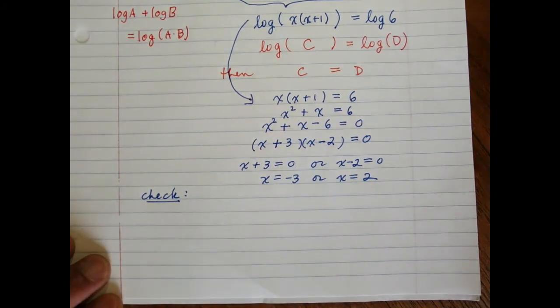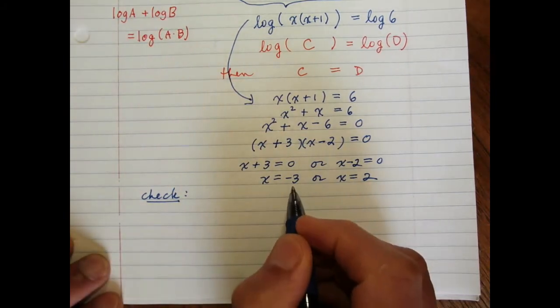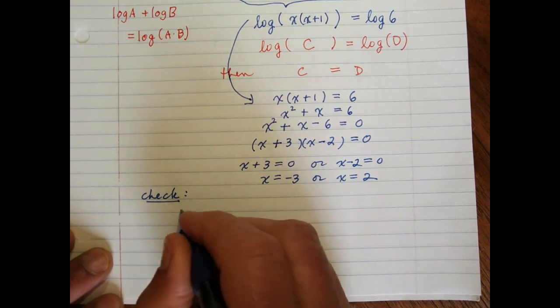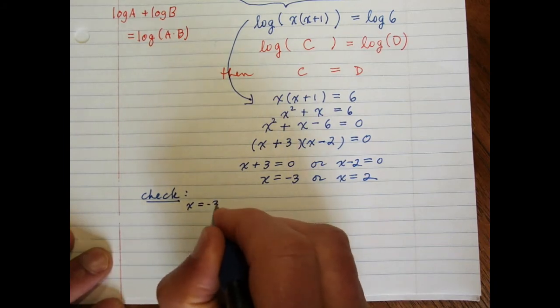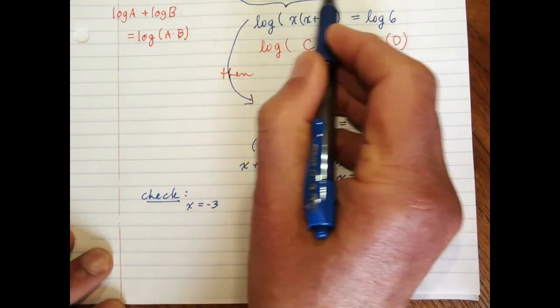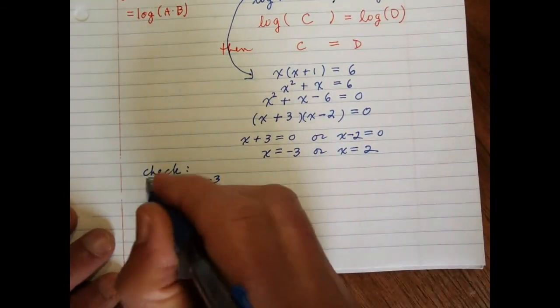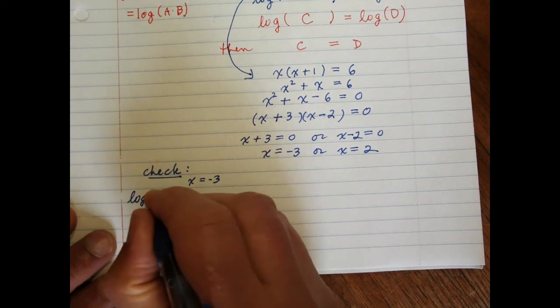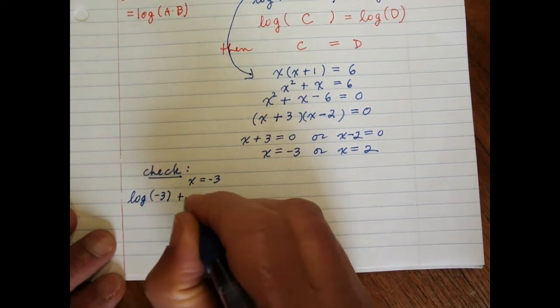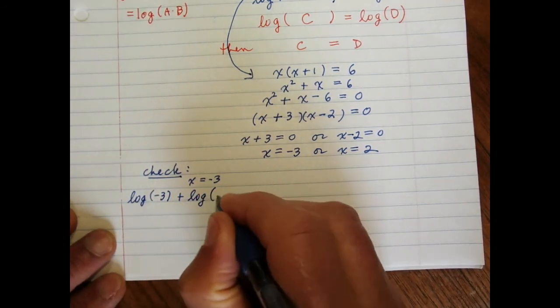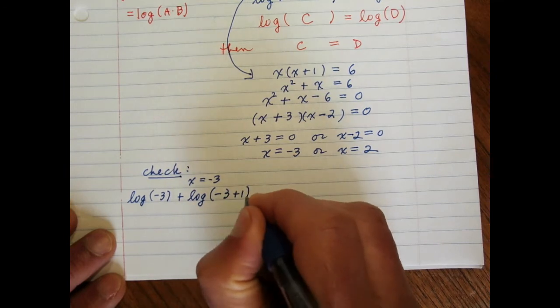First, we can only check one at a time. Let's check x equals negative 3. If I plug into the original equation, which is up there, I would have log of negative 3 plus log of negative 3 plus 1.